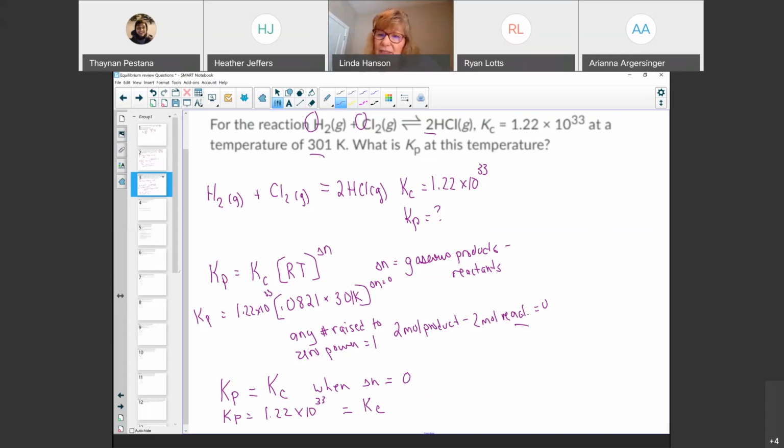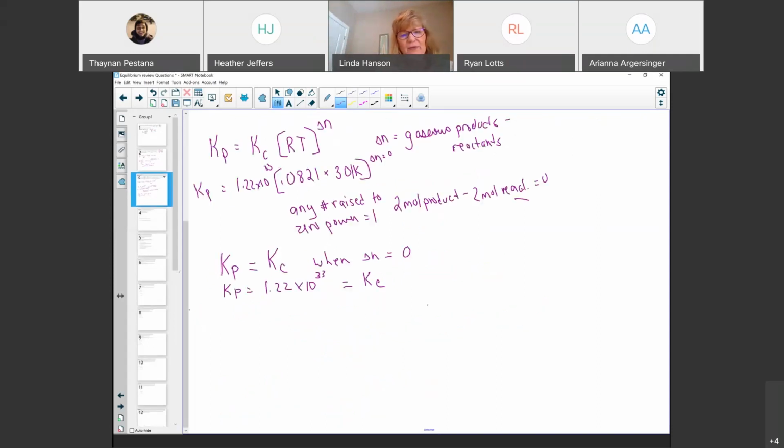The 0.0821 is the RT value every time or just in this problem? Every time. So let's say, for example, I have a gaseous mole of A plus a gaseous mole of B plus a gaseous mole of C, and I just say, oh, it's going to make a gaseous mole of D. See how random I'm being?